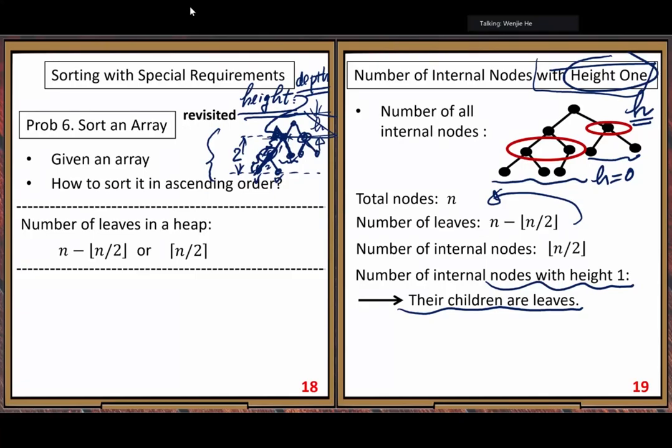So you use the leaf node formula to describe the left child node of an internal node with height 1. So that's the idea, right? 2i, that is the left child. So you look at the index of its left child, 2i.